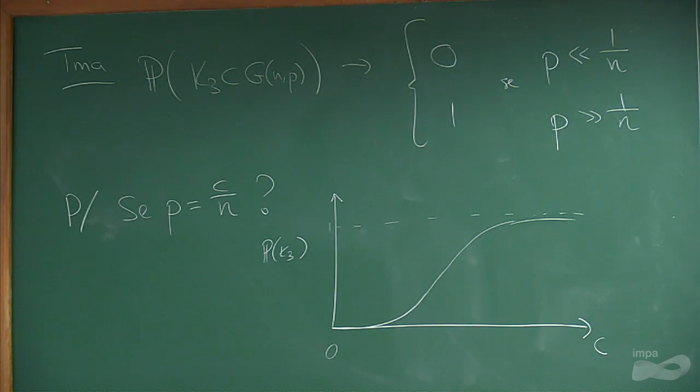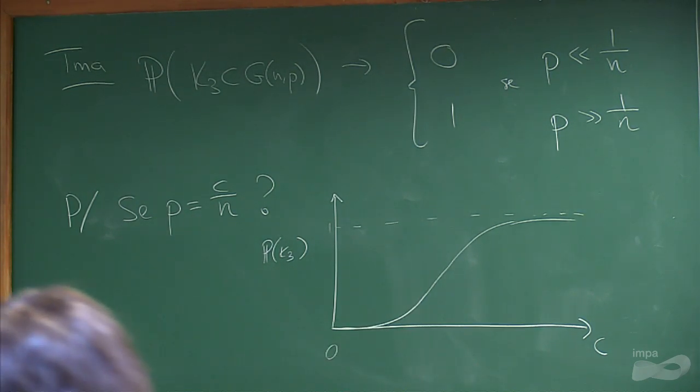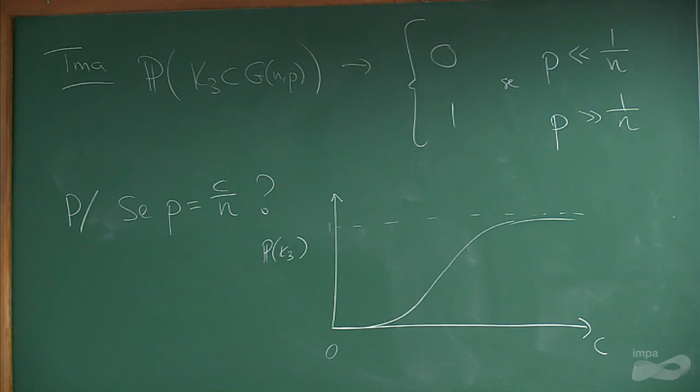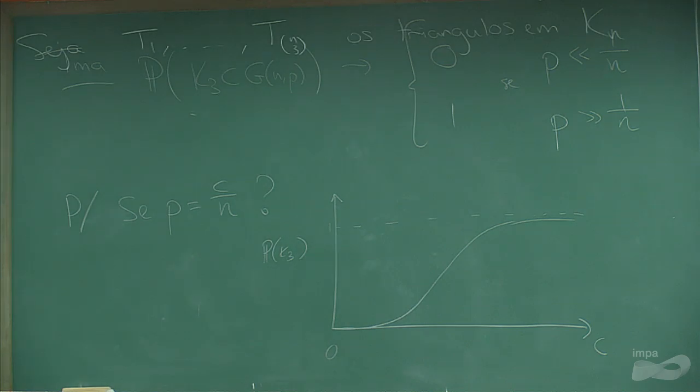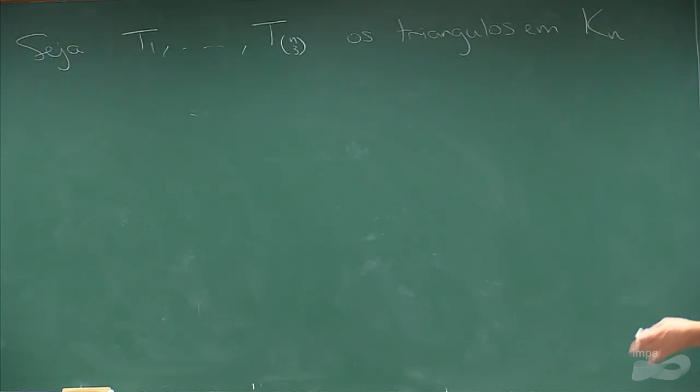Let's go through each of the triangles in the complete graph in turn, and ask them one by one if they're a triangle in G(n,p). Let T_1 up to T_{n choose 3} be the triangles in the complete graph, listed in some order. There are n choose 3 of them. Let's just ask one by one if they're present.